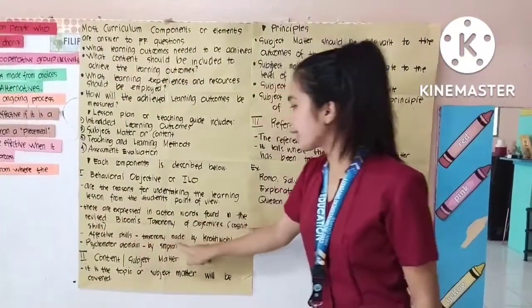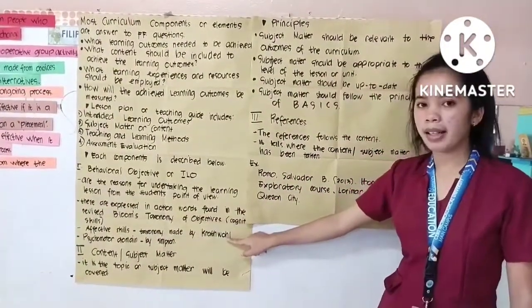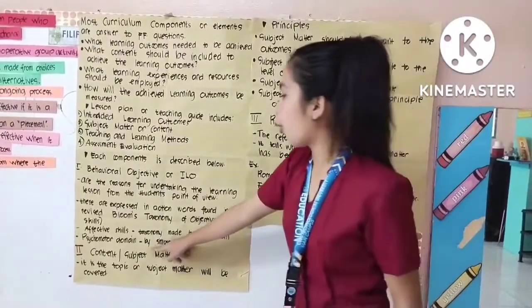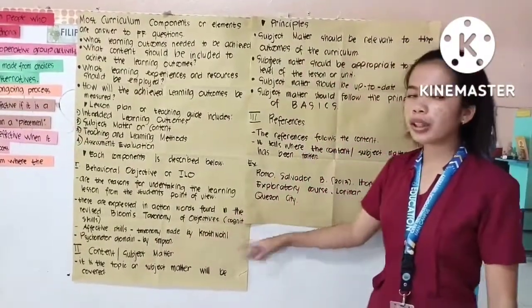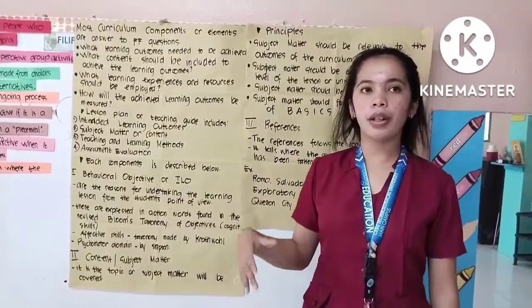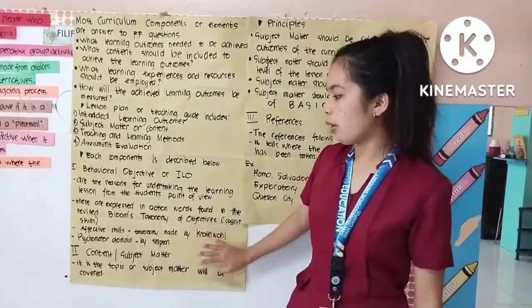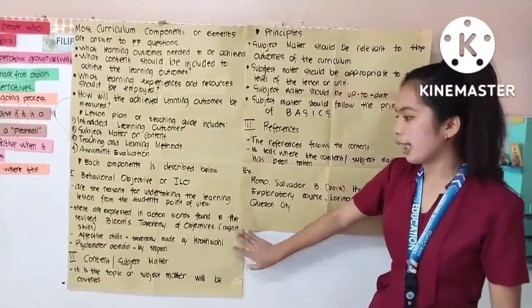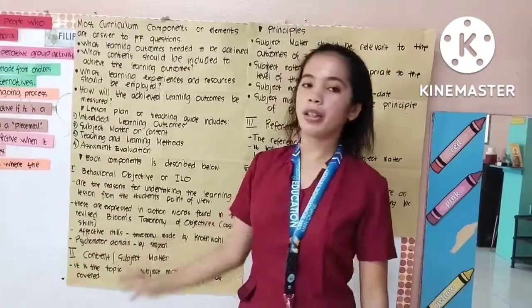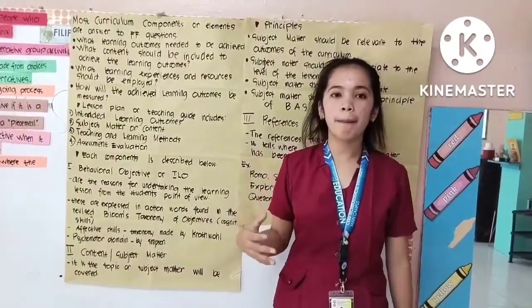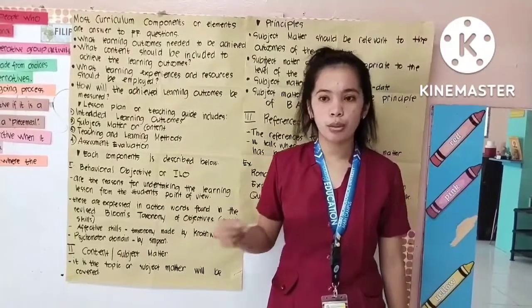Affective skills are from the taxonomy made by Krathwohl, and the psychomotor by Simpson. When we plot a curriculum map, it should be based on these: the cognitive, affective, and psychomotor skills, because curriculum alignment is very important in the progression of students.